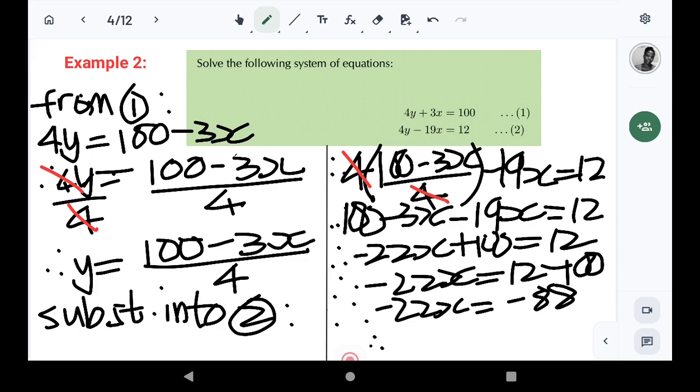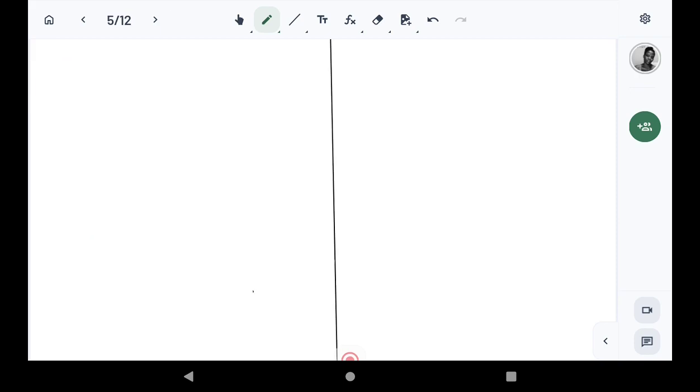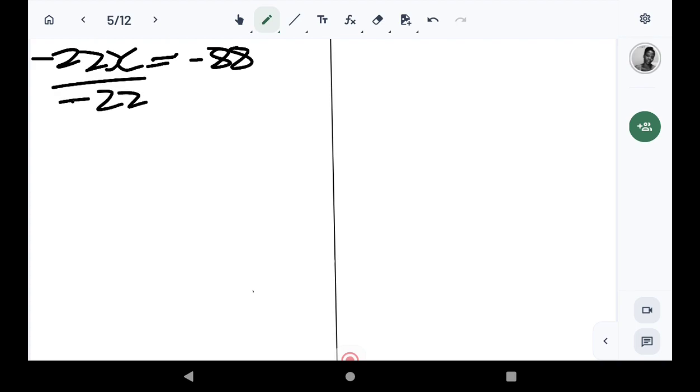Now, therefore, divide both sides by negative 22. So that is negative 22x equals to negative 88. Divide both sides by negative 22 to get rid of the negative 22 on the left hand side.